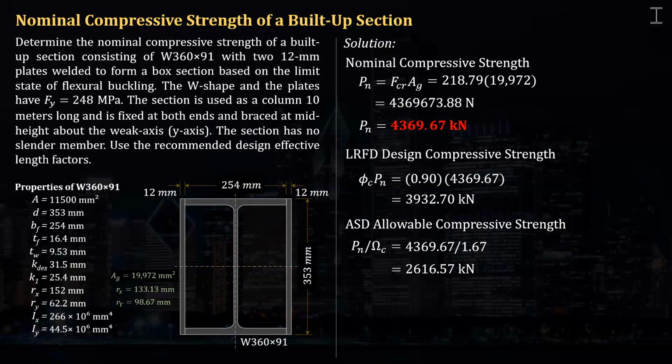Now, if we are to compare this, if we are to solve this using the 2001 NSCP code or the previous code in AISC, which has a formula of 1 minus 1/2 KL over R over CC squared times Fy over Fs, where Fs is equal to 5/3 plus 3/8 of KL over R over CC minus 1/8 of the cube of KL over R over CC.